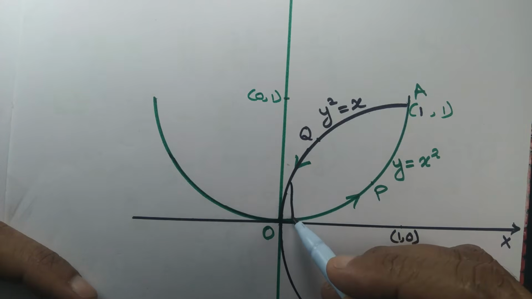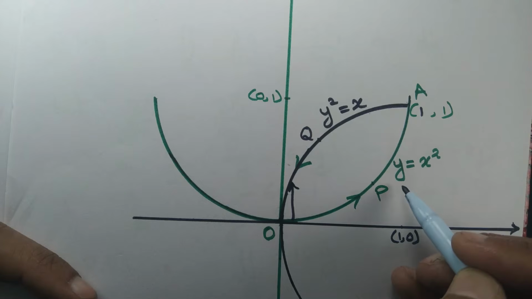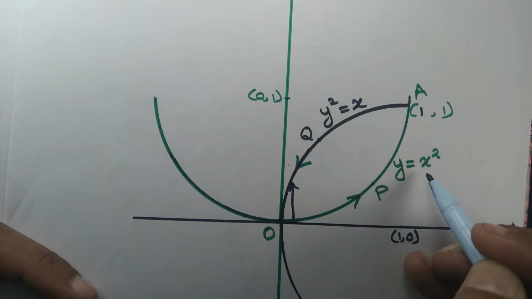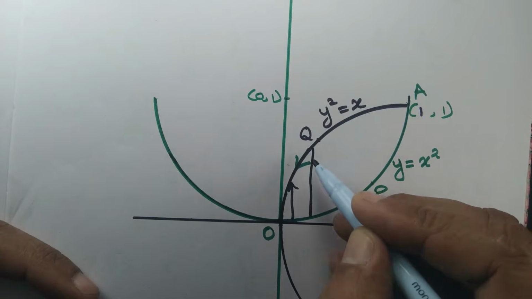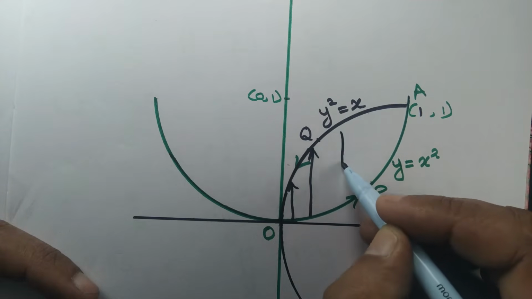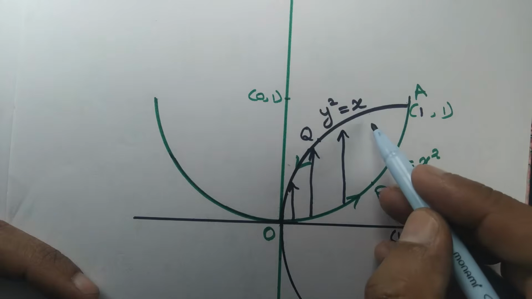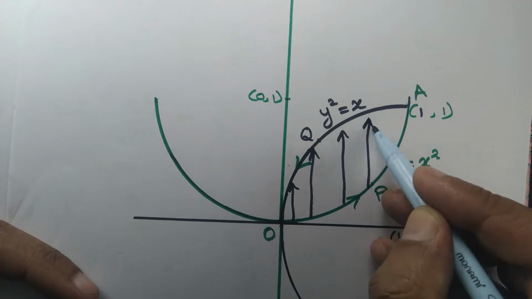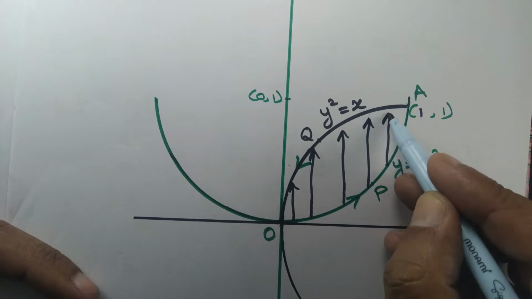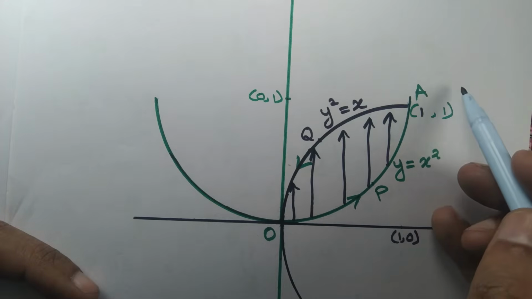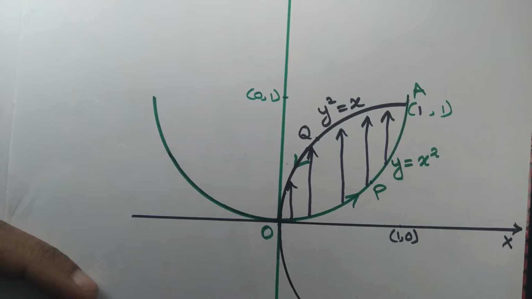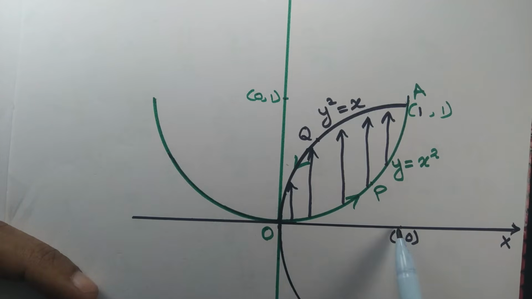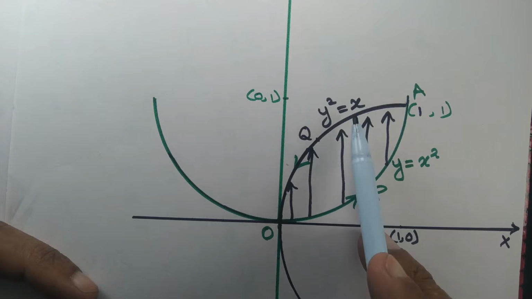We can change y from y equal to x square to y square equal to x. Then we will be exactly covering this region. But in that case, we will be covering this region as well. So what we'll do is we'll change x from 0 to 1 and y from y equal to x square to y equal to root x.